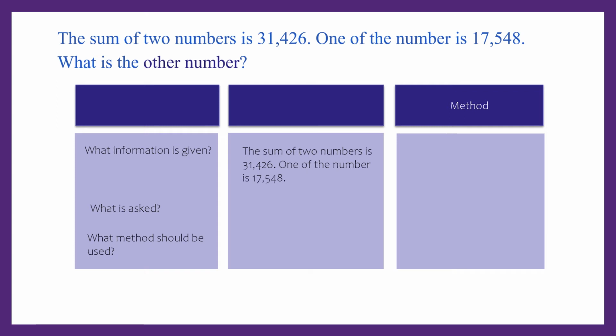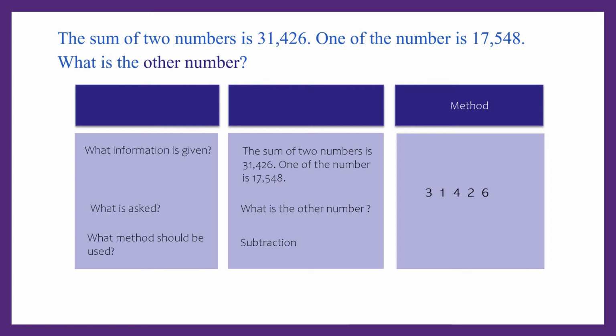Information given is the sum of two numbers is 31,426 and one of the numbers is 17,548. What is asked here? To find out the other number, and the method used is subtraction. Now we will do subtraction of these two numbers in the third column.